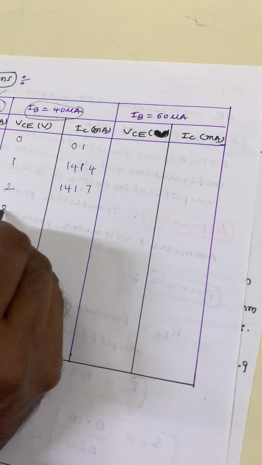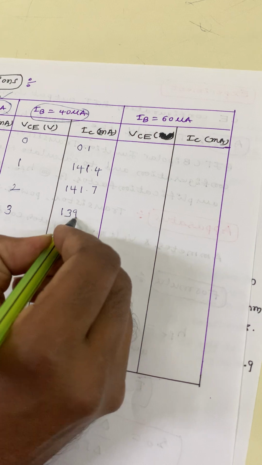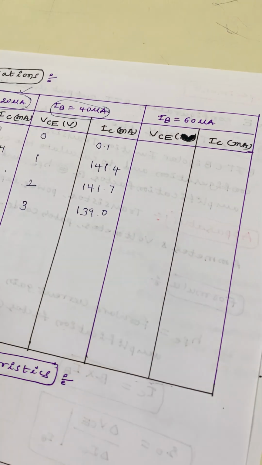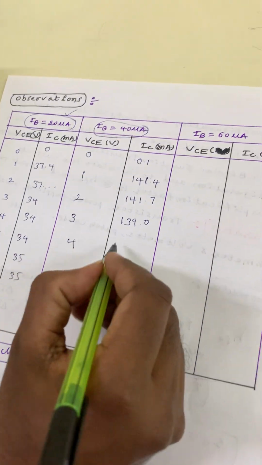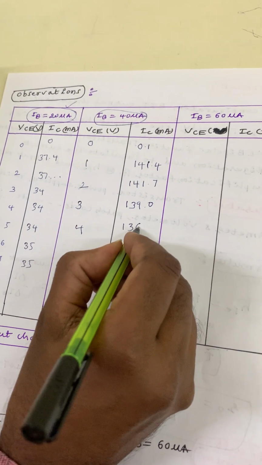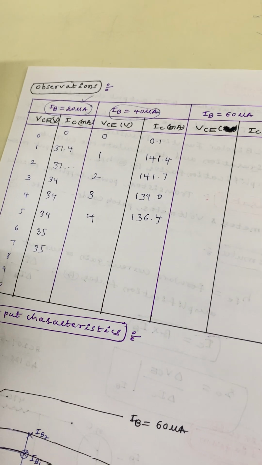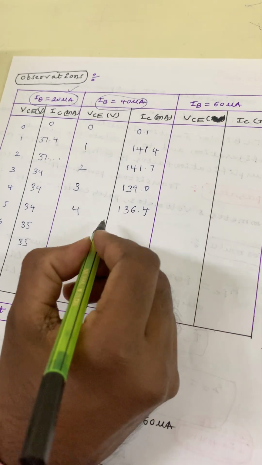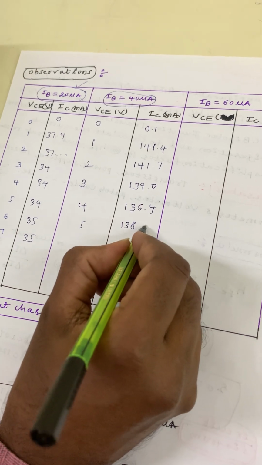For 3 volts we have to take, that is also approximately 139.0. For 4 volts you have to apply. For 4 volts also you get 136.4, and 5 volts you have to apply. For 5 volts also we get 138.9.